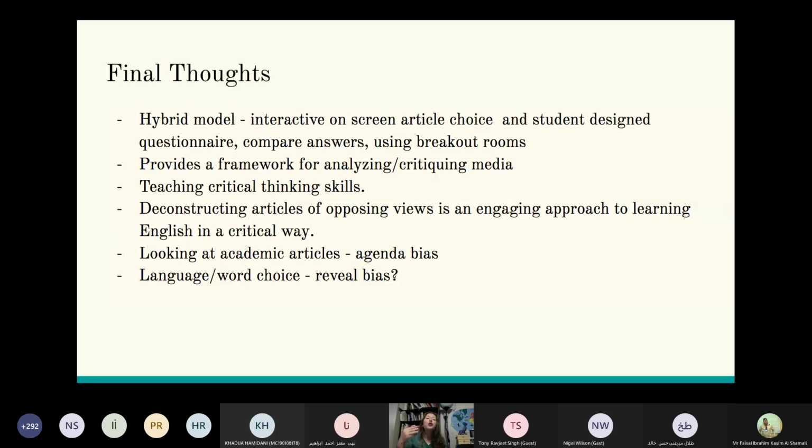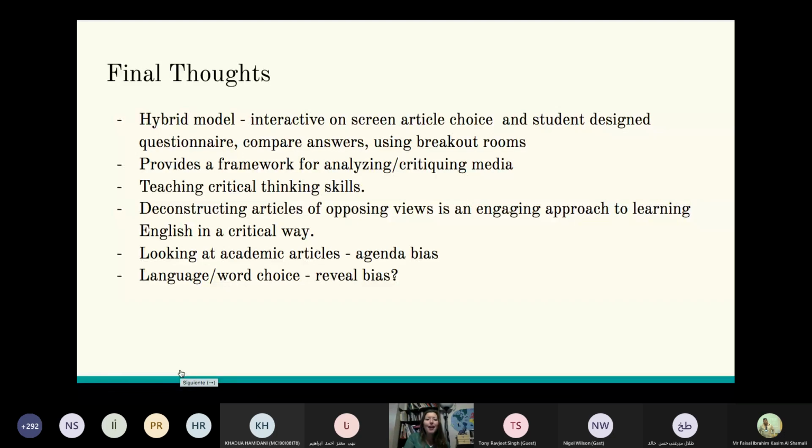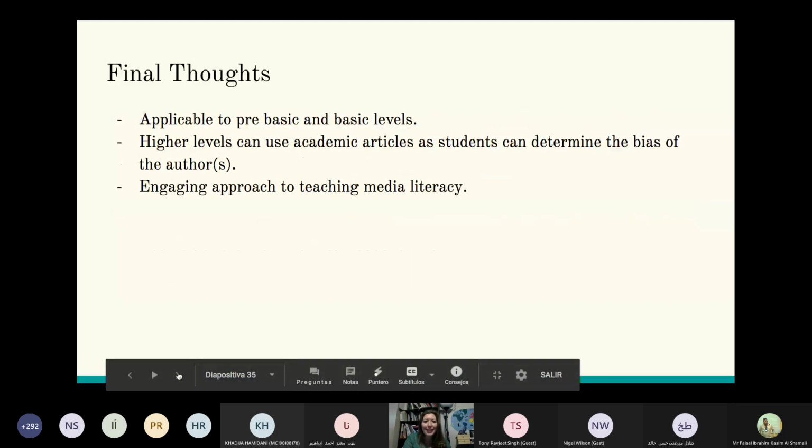Even language and word choice can reveal bias as well. So these are all just different things that people have told me over the past year or so as I've been engaging and talking with other colleagues about how to best discuss not only media literacy, but the whole deconstruction and decentering process as well.